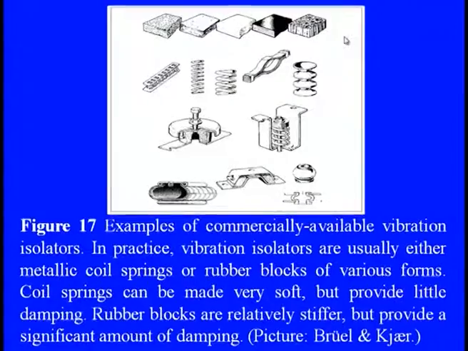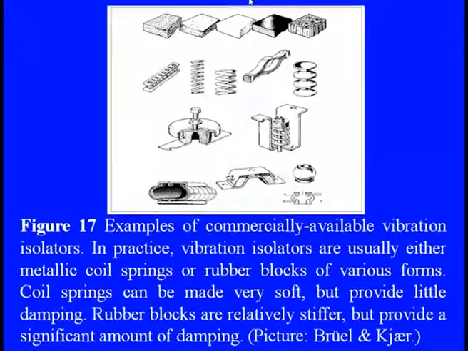You can see on the screen various commercially available vibration isolators. They are either in the form of metallic coil springs or rubber blocks. Coil springs can be made from very soft material, and these soft materials can provide some material damping.